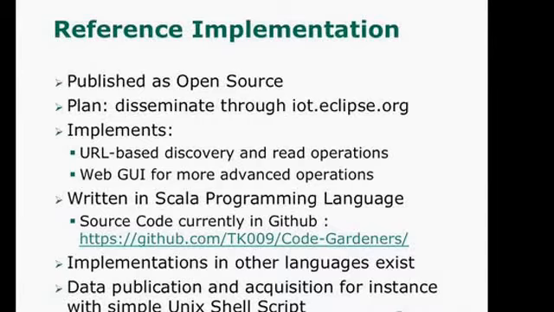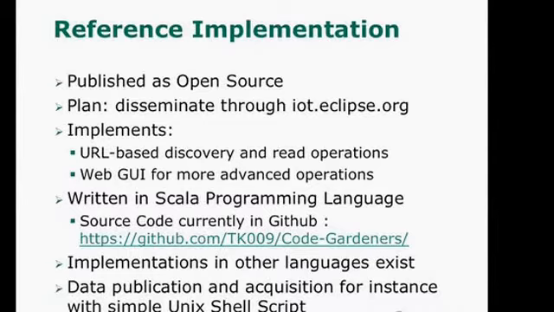And since it's published as open source, you can take the code as such and integrate it into your own applications, so that the implementation effort of getting the standards into your own system is kept as low as possible. The plan is also to disseminate this reference implementation through IoT Eclipse.org and other appropriate dissemination channels.